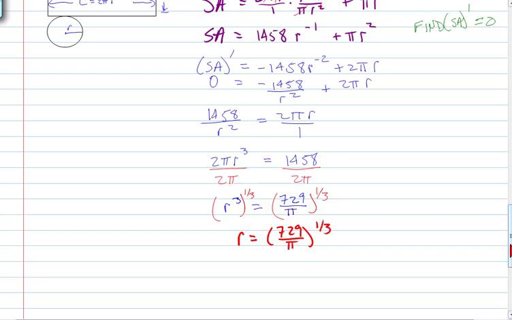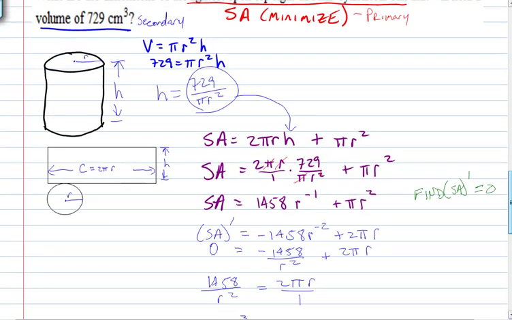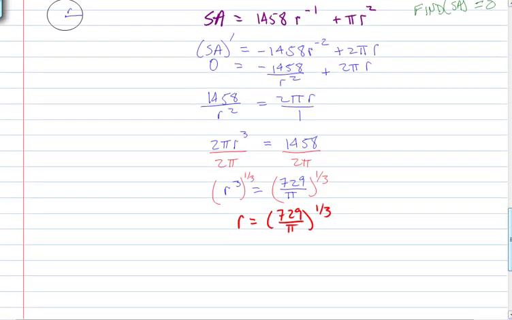That's R. Can I figure out H now? Sure I can. So we're going to come over here and we're going to figure out H. Okay, H we said was equal to 729 over pi R squared. Agree? Guess what we plug in place of R?